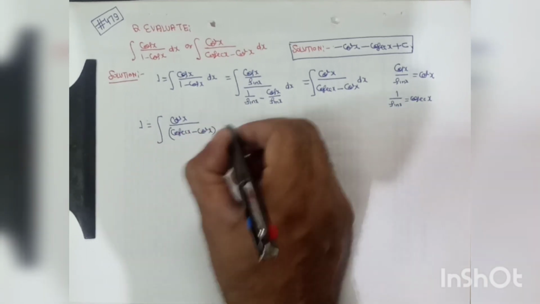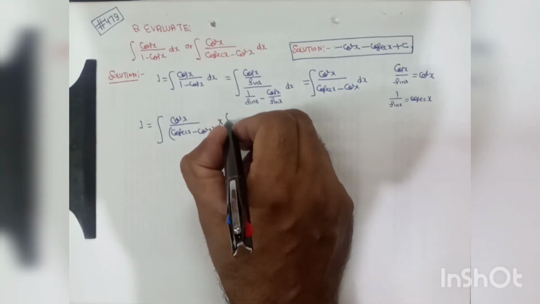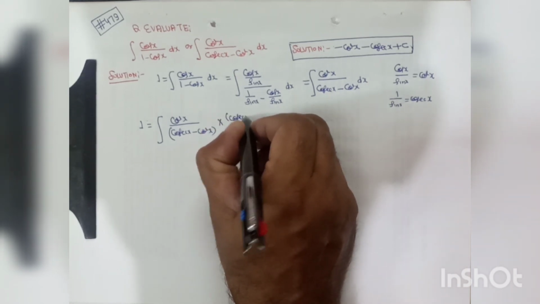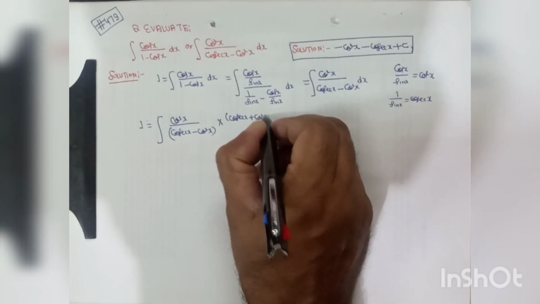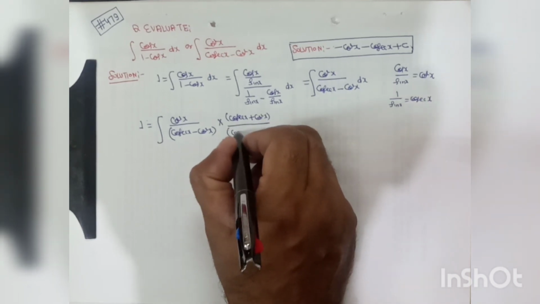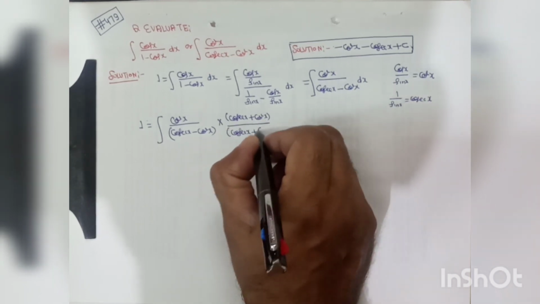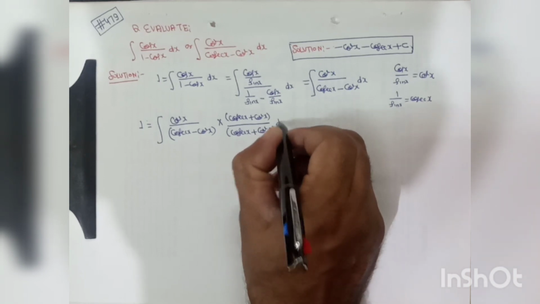Now we will multiply numerator and denominator by cosec x plus cot x. So it will be cosec x plus cot x divided by cosec x plus cot x dx.